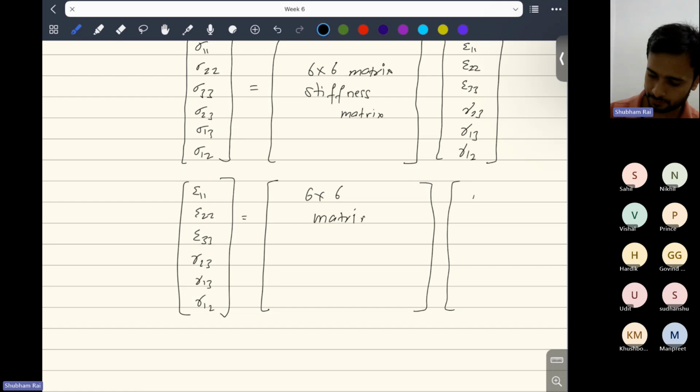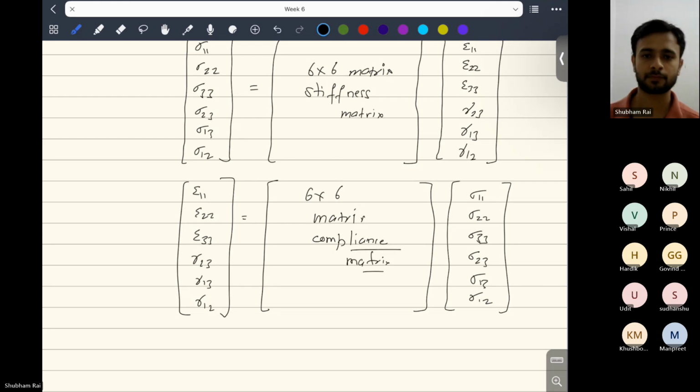Here you have stresses, and this matrix is known as the compliance matrix. Okay. You can stop me in between and ask me if you have any questions.